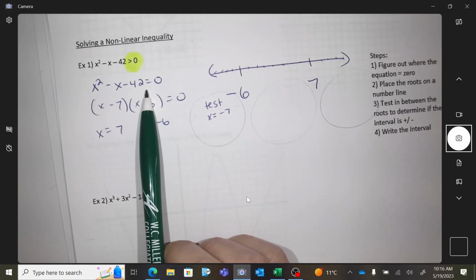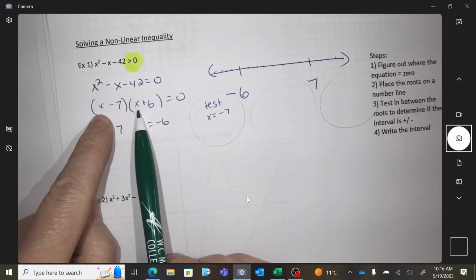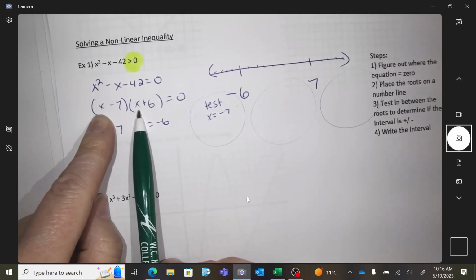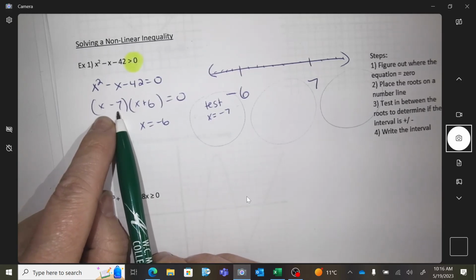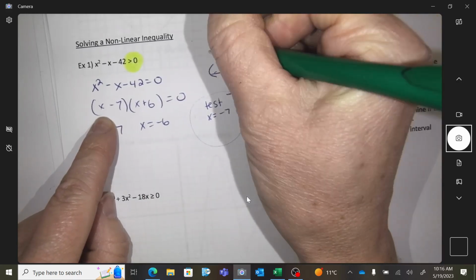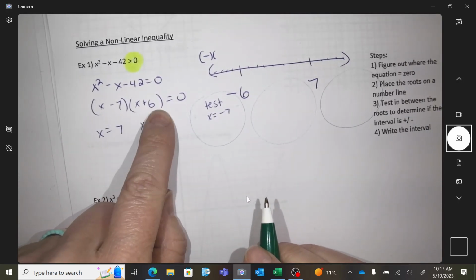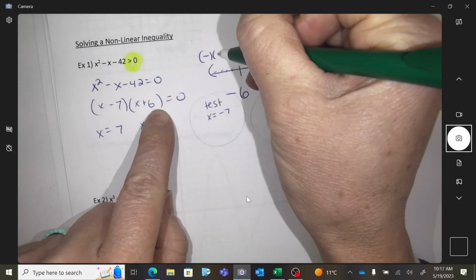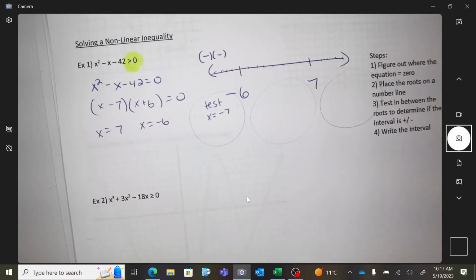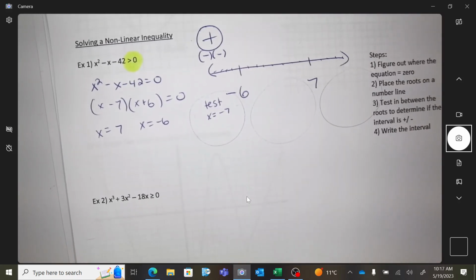So, in other words, positive or negative. So I'm actually going to plug it into here because it's going to be faster for me. So what is -7 subtract 7? Positive or negative? Negative. What is -7 plus 6? Positive or negative? Negative. What would 2 negative numbers end up multiplying to be? Positive. So that zone would be positive.